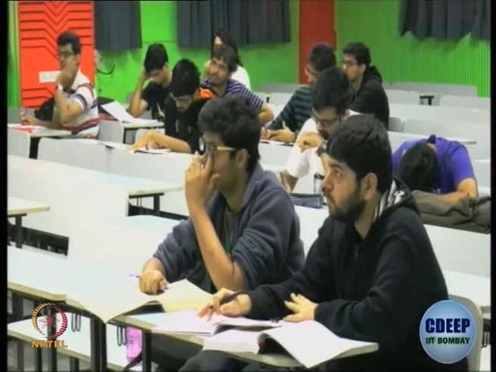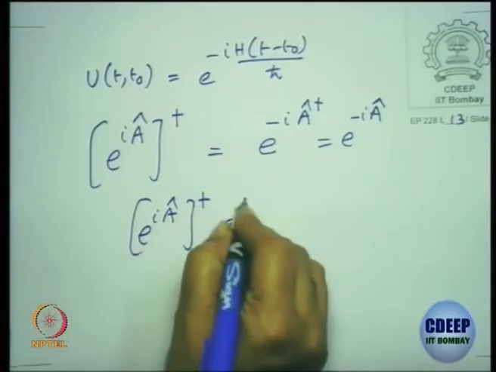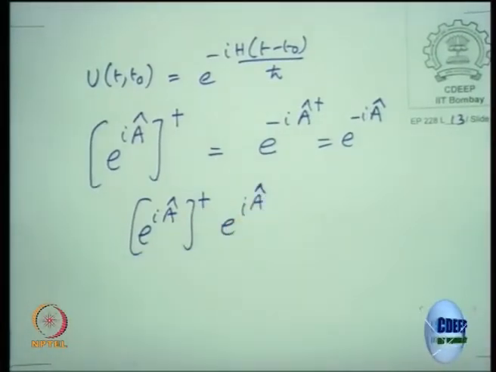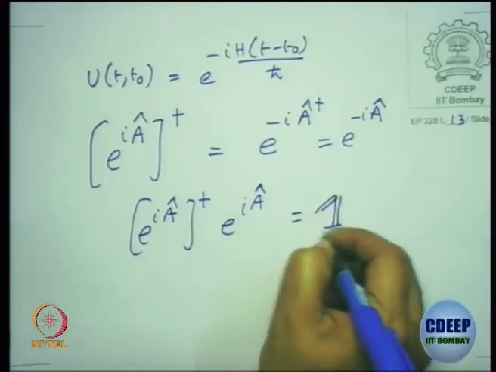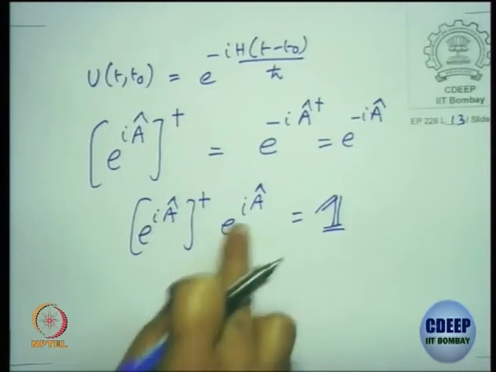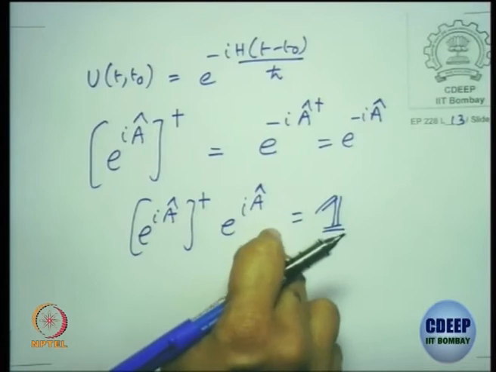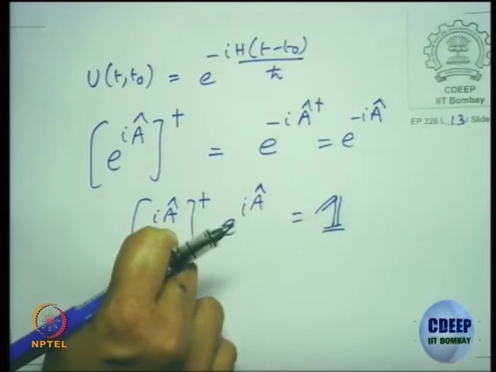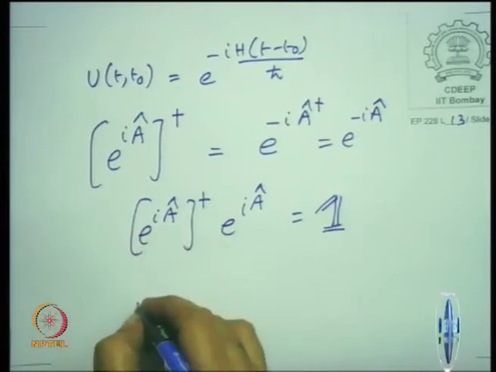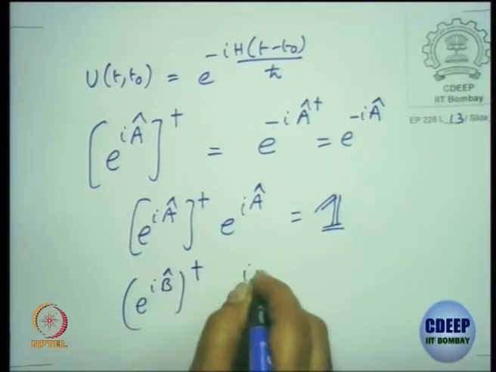But it has this additional property that e to the i A dagger with e to the i A is going to be identity. But this you could do because the exponential power operator is the same as this operator. This I also said in the last class. Suppose I give you e to the i B hat dagger, e to the i A hat.